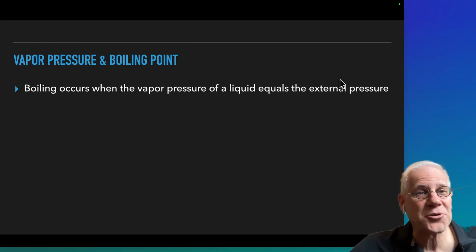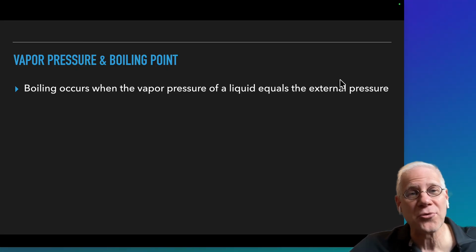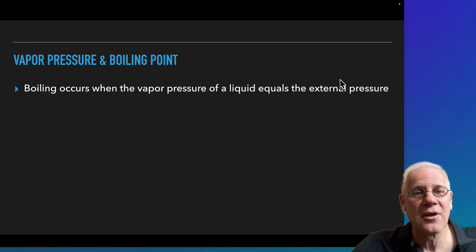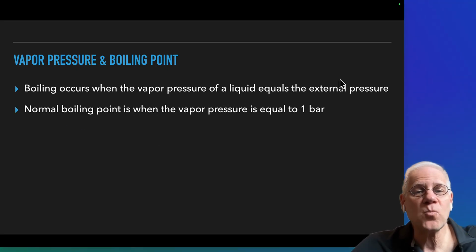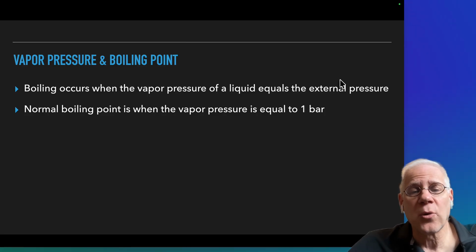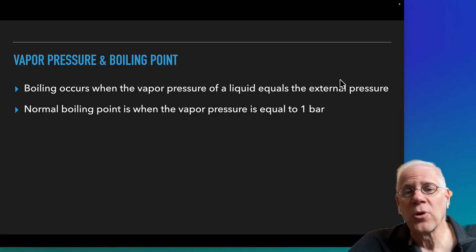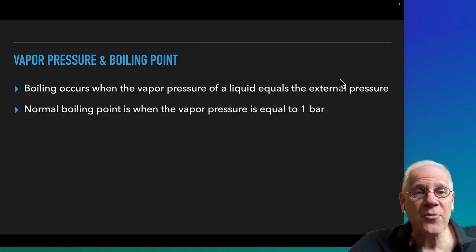Well, that's what vapor pressure is: taking those liquid molecules and turning them into a gas phase. So the boiling point occurs when the vapor pressure of a liquid is equal to the external pressure, like the atmospheric pressure. Normal boiling point is where the vapor pressure is equal to either 1 bar or 1 atmosphere, depending on the tables that you look at.